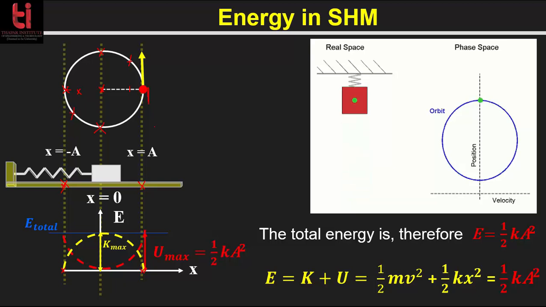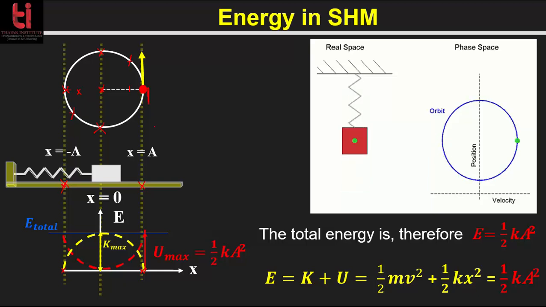In this diagram, the kinetic energy is shown using the yellow color and the potential energy is shown using the red color. We get the maximum value of the kinetic energy at the equilibrium position, and at the maximum value of the displacement the kinetic energy is 0, as v is equal to 0. So the total energy is therefore E is equal to half k a square.